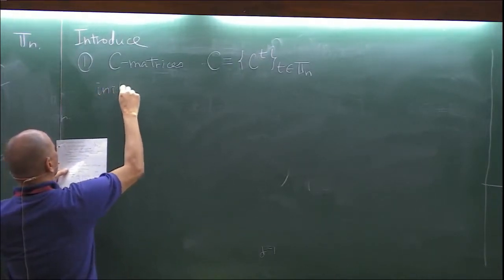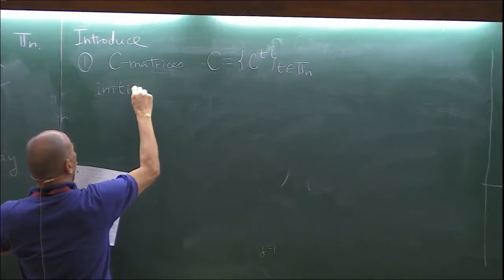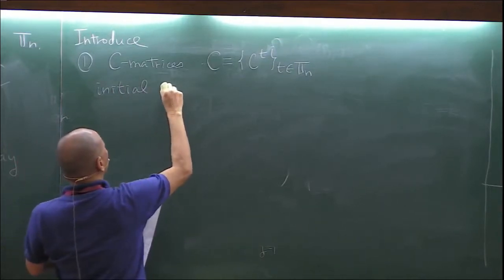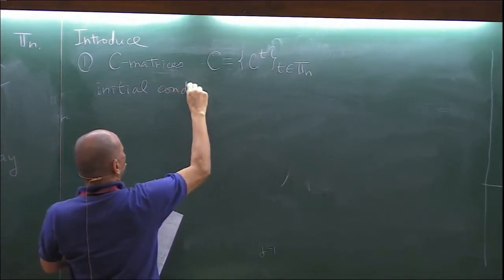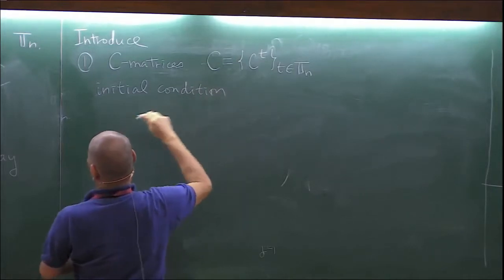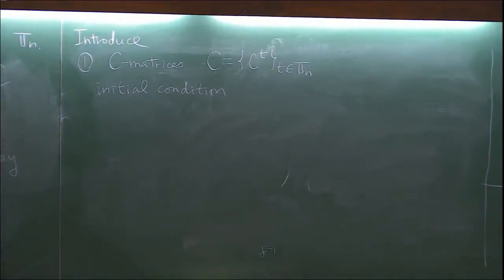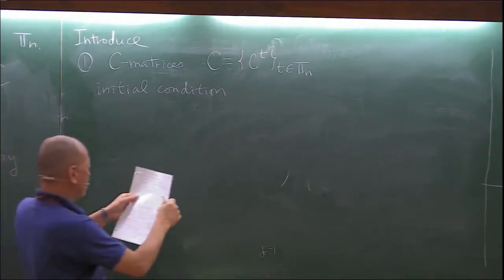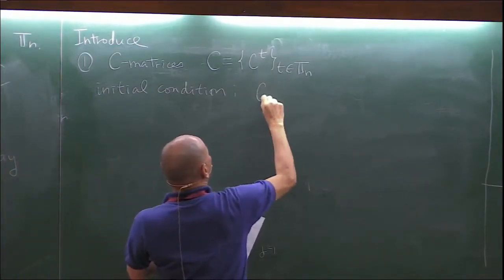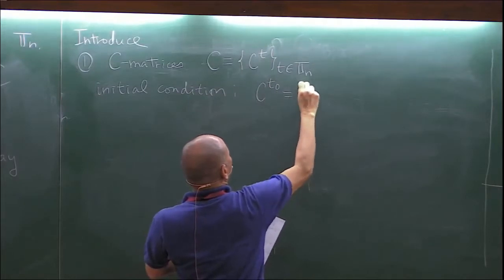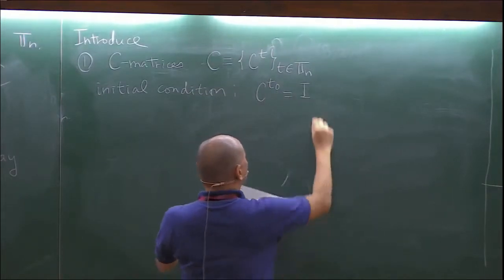It's completely determined by the following initial condition. Everything actually depends on your choice of T0. So first of all, it starts from the identity matrix. I is the identity matrix.